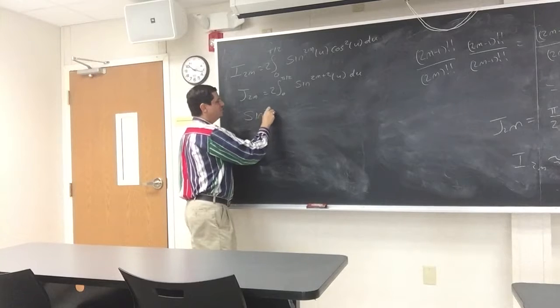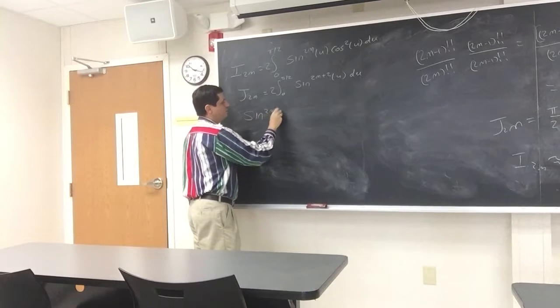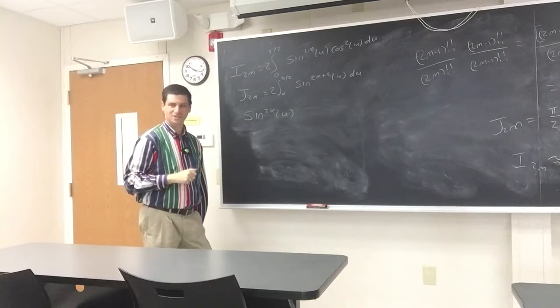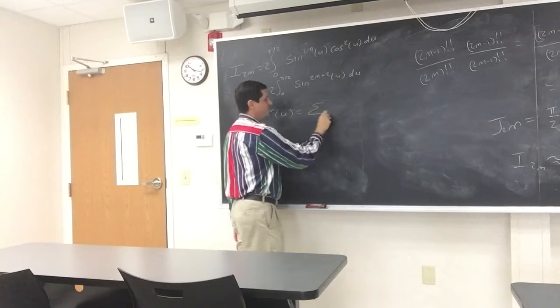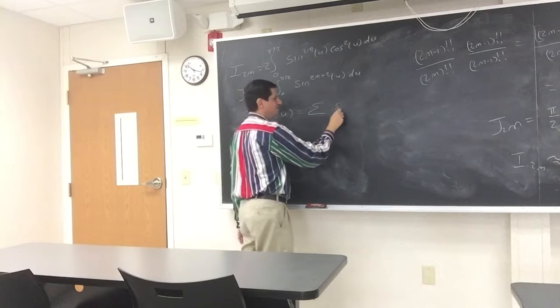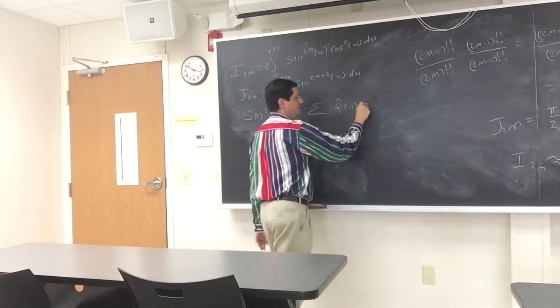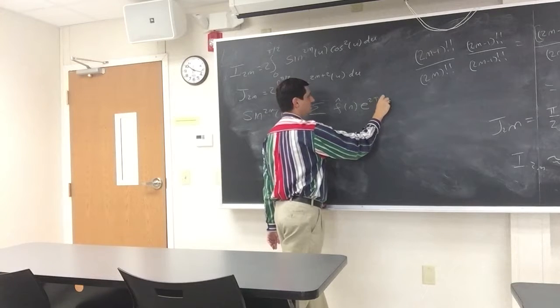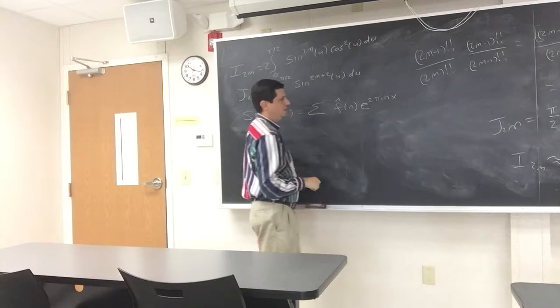Right? Sine to the 2m, let's just do sine 2mu. According to Dirichlet, this should be a sum of f hat of n e to the 2 pi i nx.